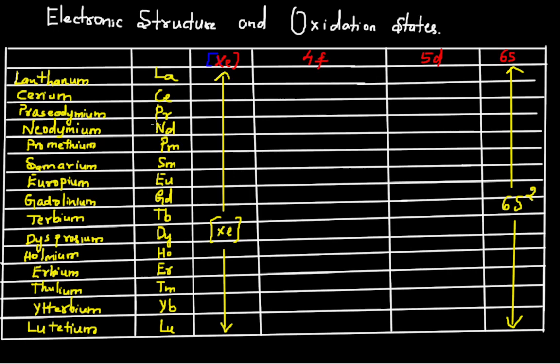Great. Now, among these there are 4 big brothers. What do we call them? Okay, the 4 big brothers are lanthanum, cerium, gadolinium and lutetium.